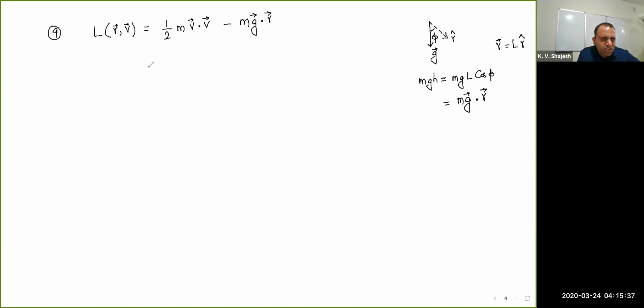Now we change this Lagrangian, not significantly, but conceptually relevant. We are going to add a 0 to this Lagrangian. Why not? You can always add a 0. So it's mg dotted with vector r and plus, I introduce what is called a Lagrange multiplier, and do the following: r dotted with r minus L squared.